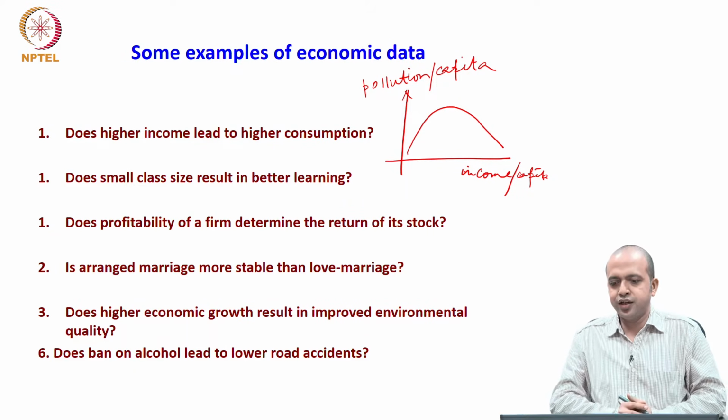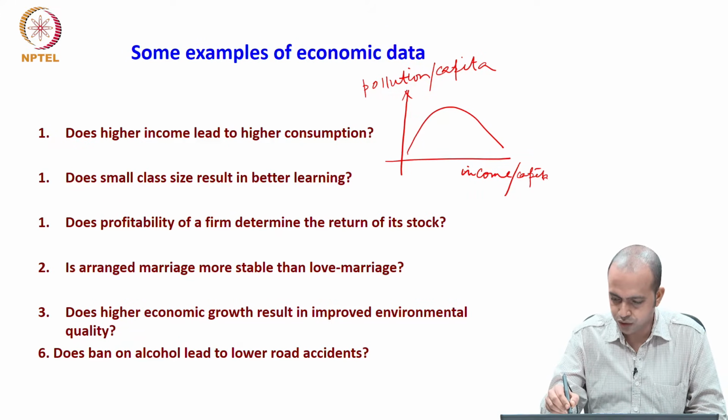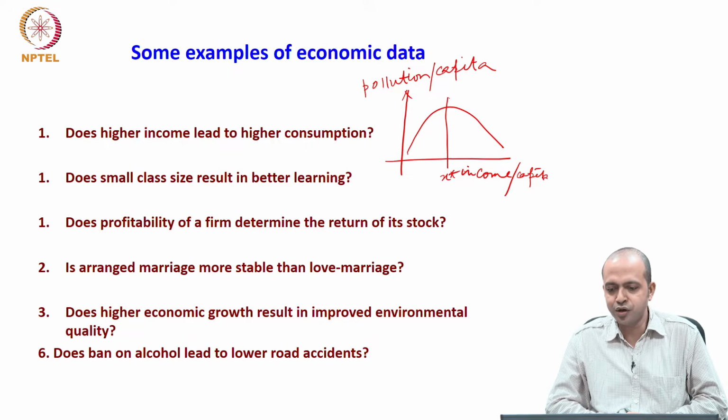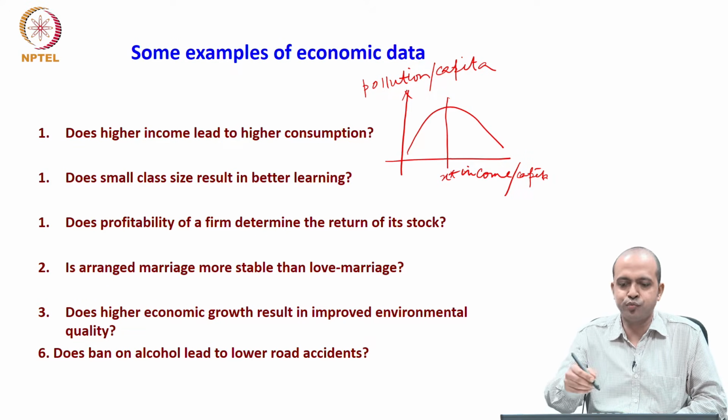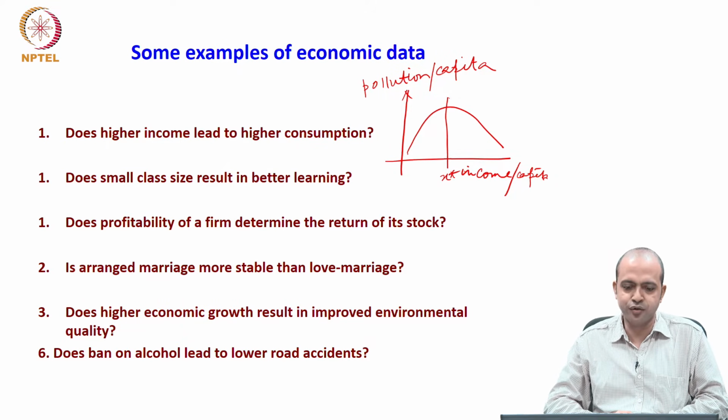So you will get an inverted U-shaped relationship. It basically says that once you achieve a certain level of income per capita, let us say this is X star level of income per capita, then your pollution per capita will come down because of the public's preference towards a cleaner environment and because of the stringent environmental regulation that the government will bring in to curb the pollution.